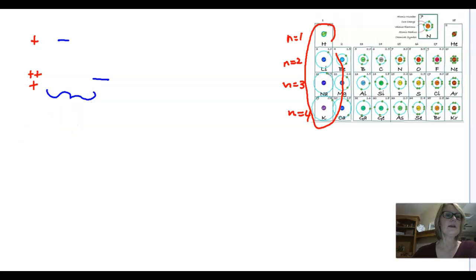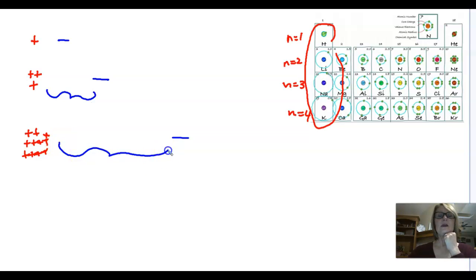And so then I go down to my next one, which is going to be sodium, which has 11 protons, which is a lot, right? But what has happened now is that 1 electron is way out here. So when we're talking the force pulling, we have increased that distance so much that these protons could care less about this electron, right?